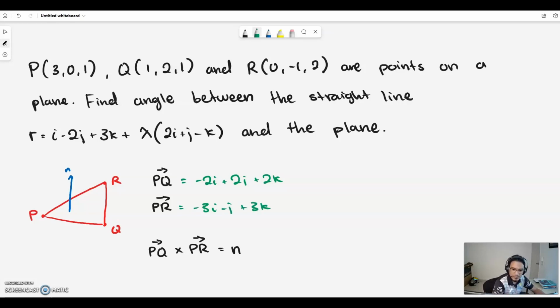Alright, so now we have the vectors PQ and PR. Next is to do the cross product between PQ and PR. We set up i, j, k, negative 2, 2, 2, negative 3, negative 1, and 3.